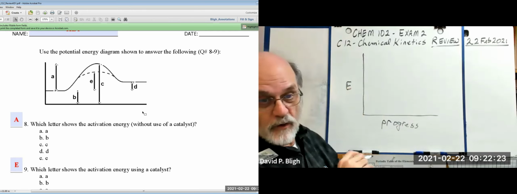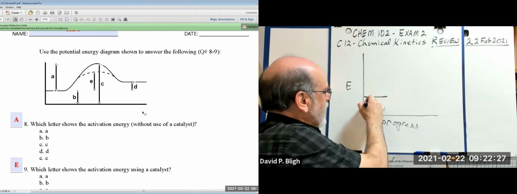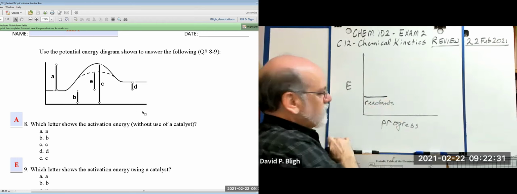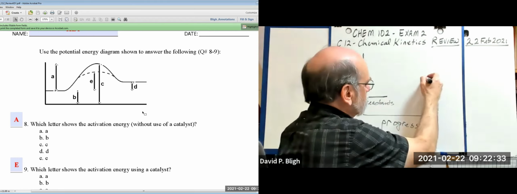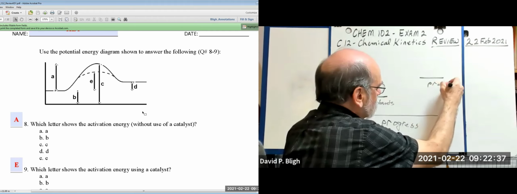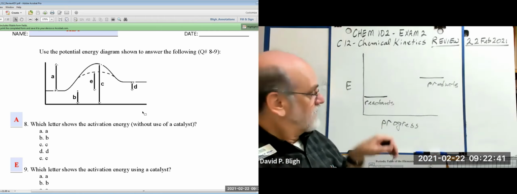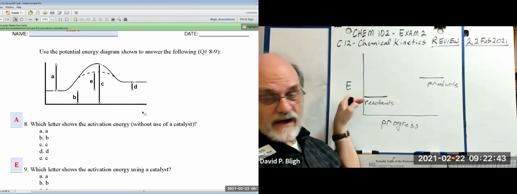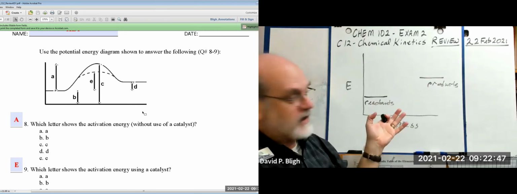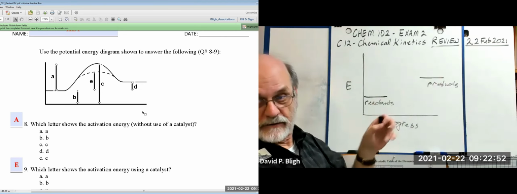So if we start here with reactants, and we end up over here with products, we have so much energy in the reactants, and so much energy in the products. We know it's an endothermic reaction because you have more energy stored in the products.